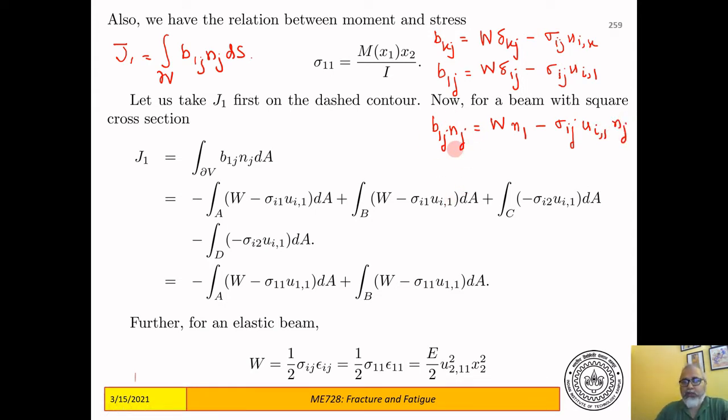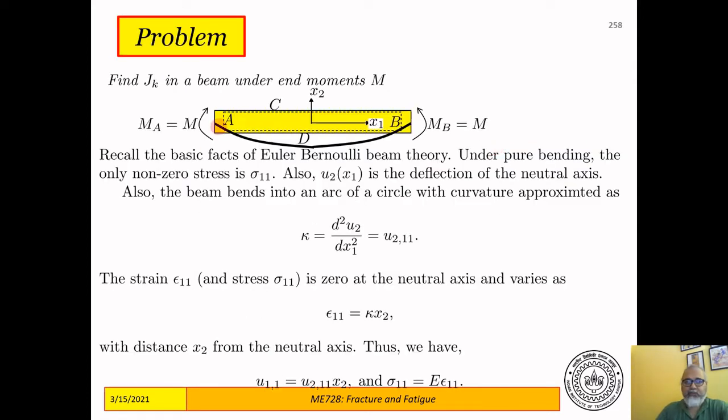Now, on A, n is minus 1, 0, 0. On B, n is 1, 0, 0. So only n1 is non-zero, n2 and n3 are 0.